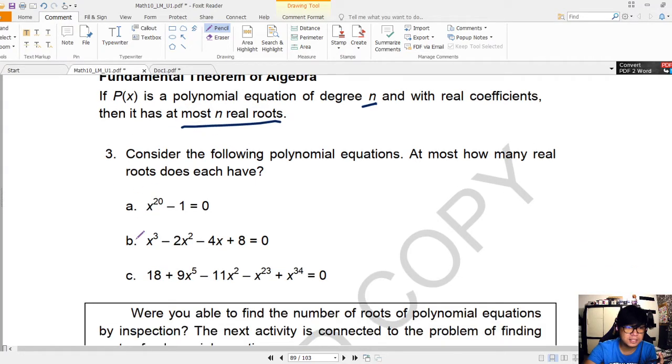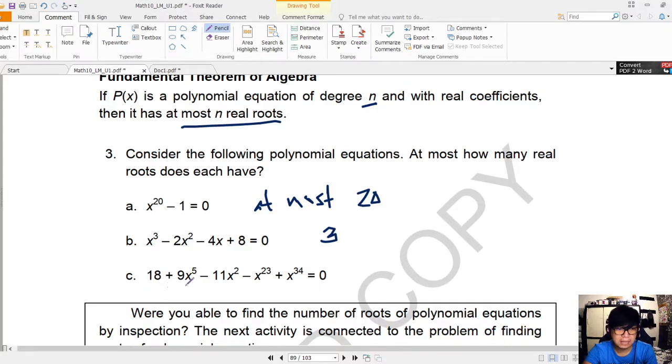Okay, let's have this one. Consider the following polynomial equations. At most, how many real roots does each have? So, itong letter A. At most, ilan yung real roots natin? At most, 20. Kasi the degree of the polynomial is 20. Dito, at most, 3.